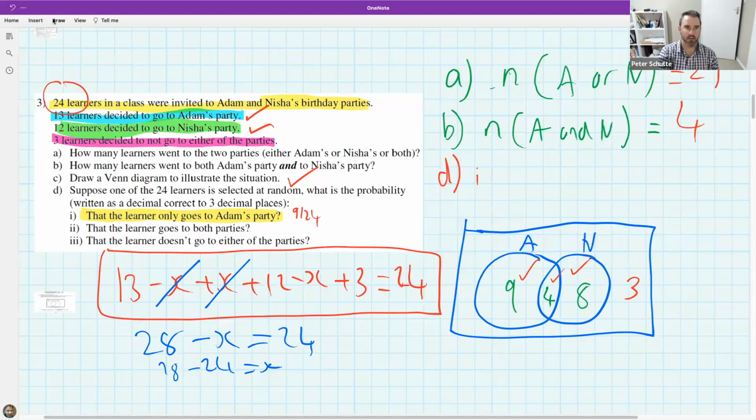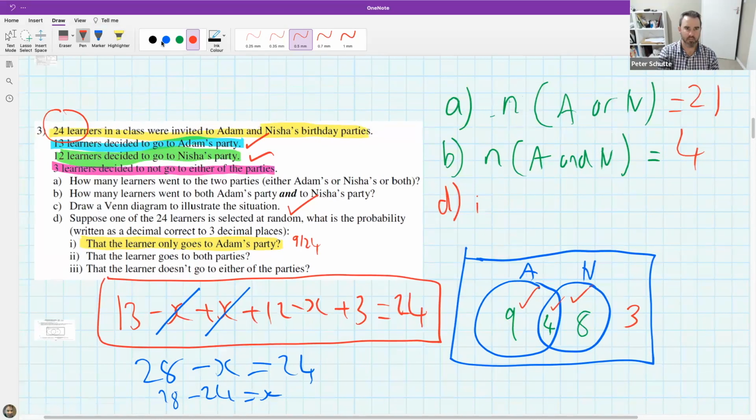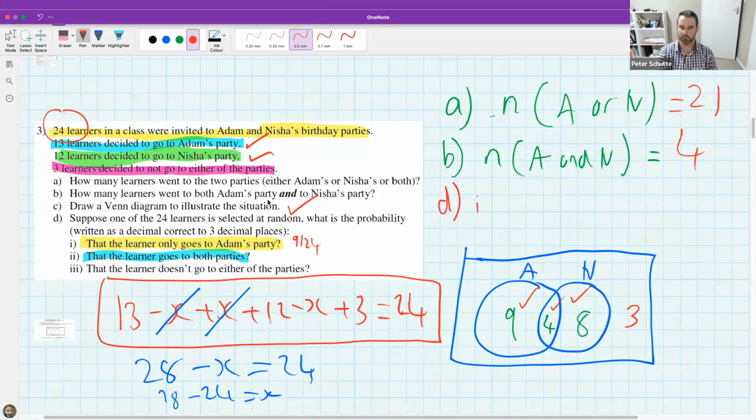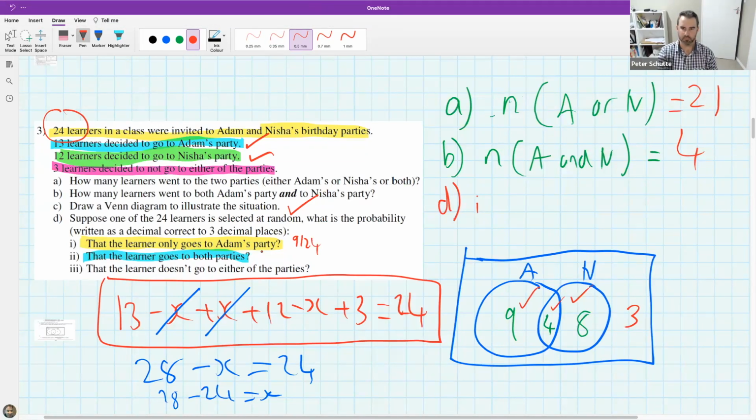What is the probability that the learner goes to both parties? Where would that be on the diagram? Only 4 students went to both parties, and there are 24 in total. So there's a 4 in 24 chance.